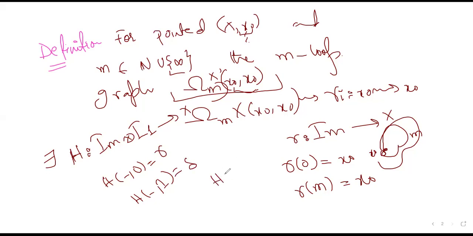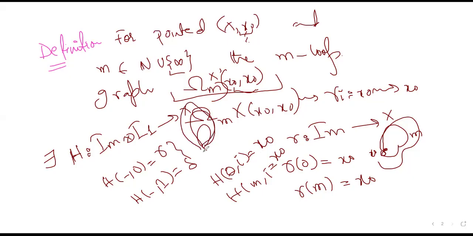And if we substitute h(0,i) we get x naught, and h(m,i) again gives x naught. This means all these maps are based at x naught. All the maps based at x naught are the vertices of this loop graph, and the edges are homotopies, one step of homotopy from one path to another path.